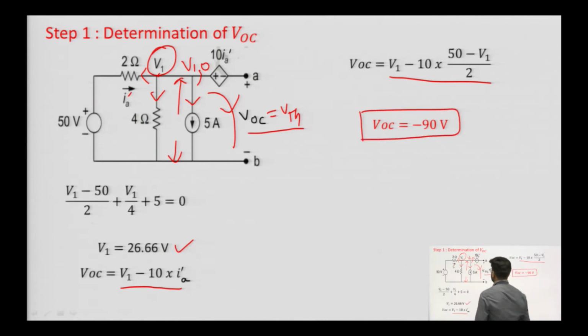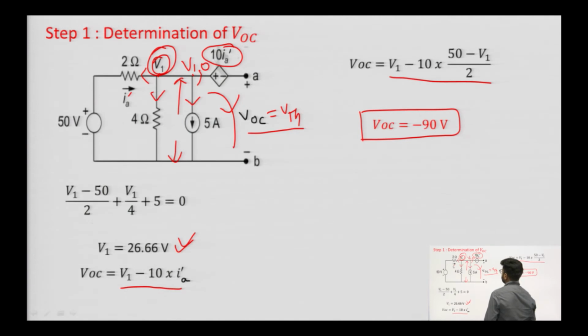So the procedure is: open circuit terminals AB, then apply KCL at this point. After applying KCL, we got the value of V1. Now, VOC will be equal to V1 minus 10 into IA dash, because the voltage source is 10 IA dash. So we got the value of VOC as minus 90 volt.